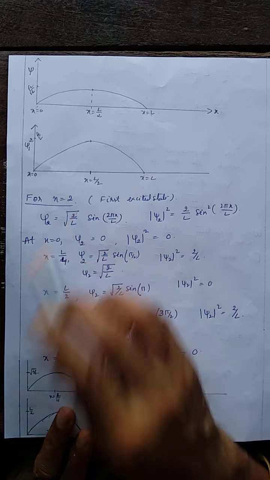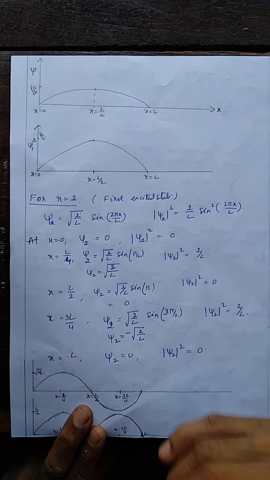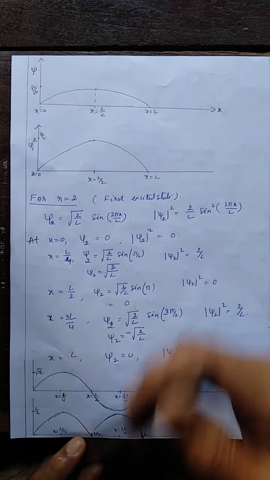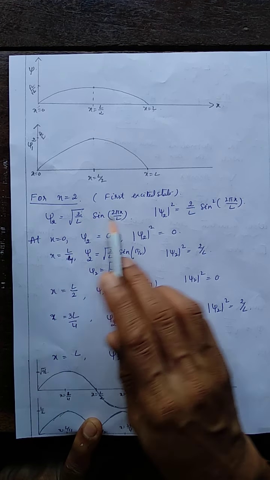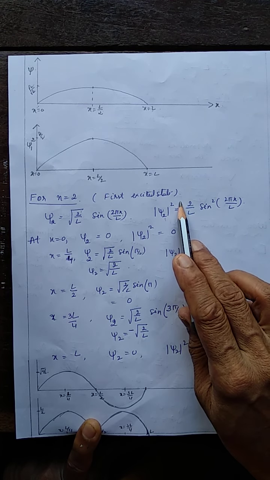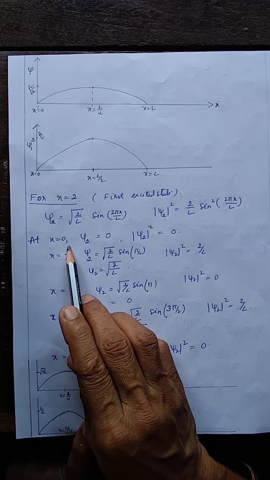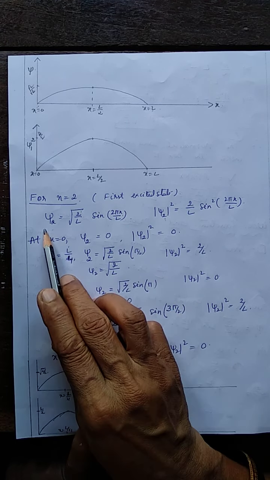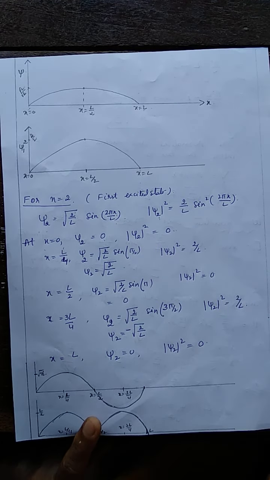Now, n equal to 2, the first excited state. In a similar manner, as we discussed for n equal to 1, let us find out psi 2 and mod psi 2 square for different values of x. At x equal to 0, psi 2 is 0, and psi 2 square is also 0.